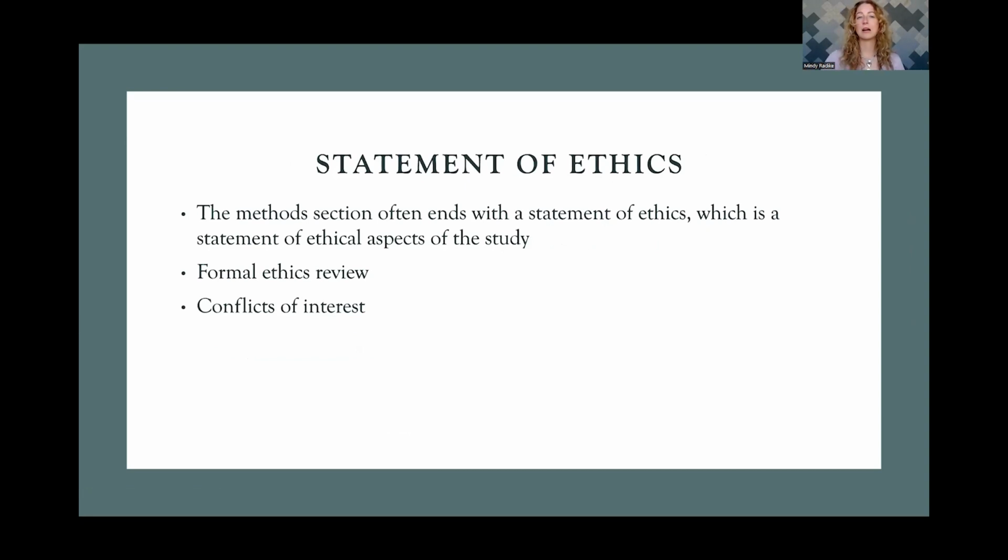All right, so lastly, in your method section, you typically want to end with a statement of ethics. This can be in the form of a formal ethics review or conflicts of interest. What I think is really interesting about the QI is that in a traditional IMRAD paper, you really want to distance yourself from bias.